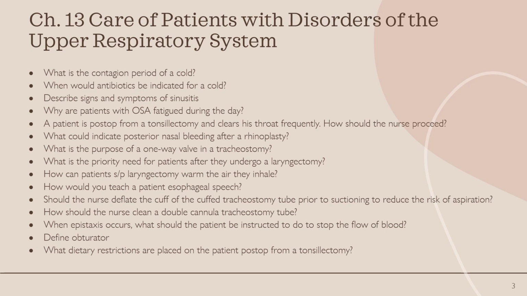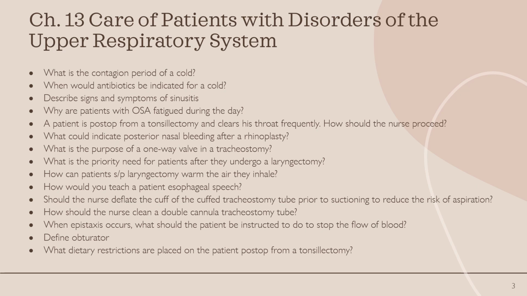We can also see more about this on page 283. Vital signs should be checked frequently, and the patient is observed for frequent swallowing or clearing of the throat. This can indicate bleeding. Restlessness can be another clue to excessive bleeding. The postoperative diet should consist of cold or warm liquids, progressing to semi-solid foods for the first 24 hours.